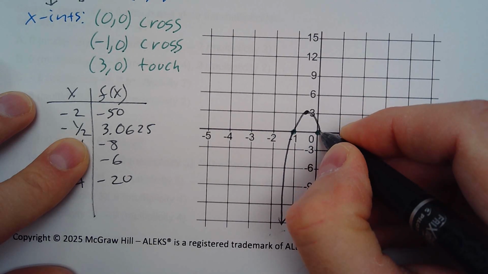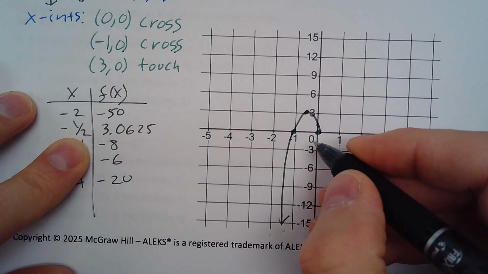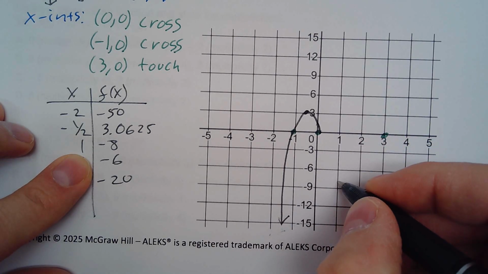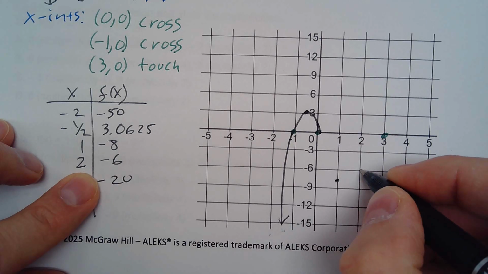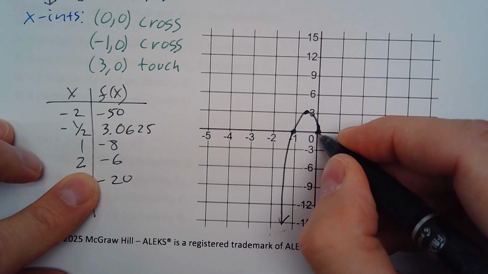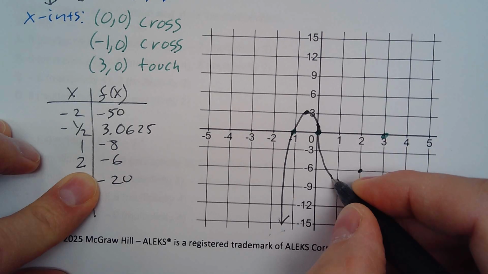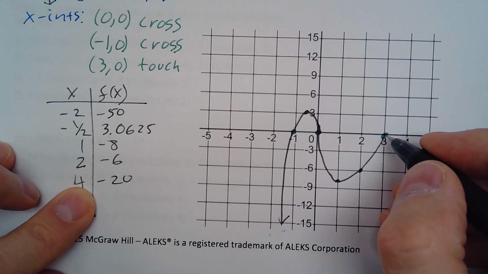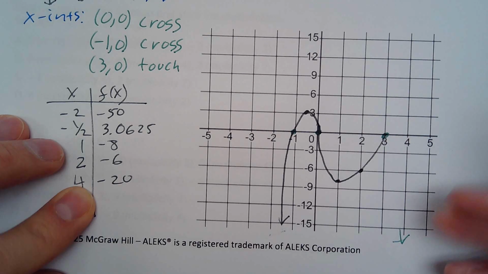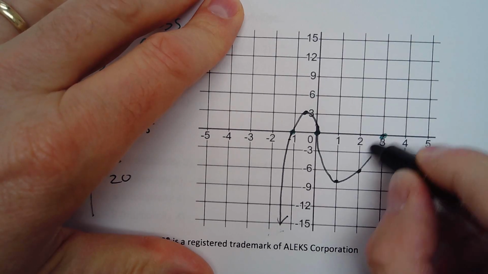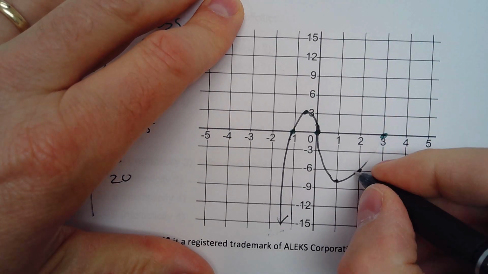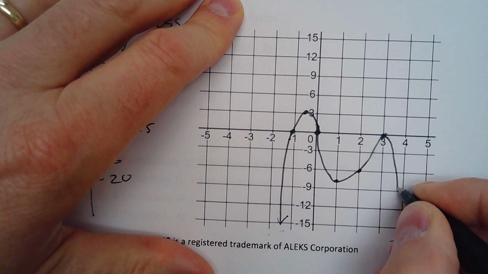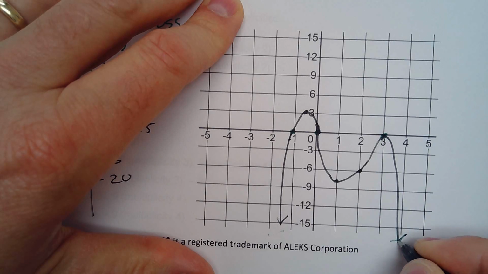Come here. And it's supposed to cross here, so at 1, negative 8, which is about here, 2, negative 6. So maybe it's going to come down here, something like this, go through those 3 points. And 4, negative 20. Oops. I forgot it touches here, doesn't it? And goes something like that.